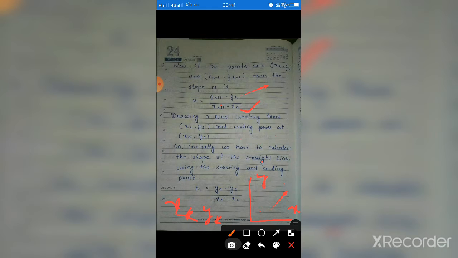That means m equals ye minus ys over xe minus xs. In this way we can find the slope of the line, or the m value.